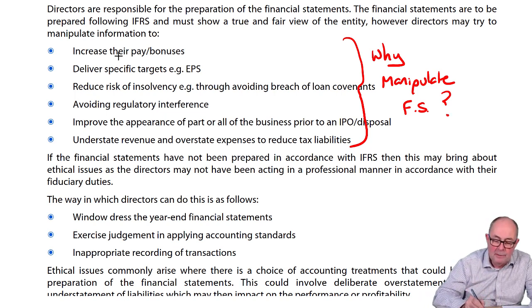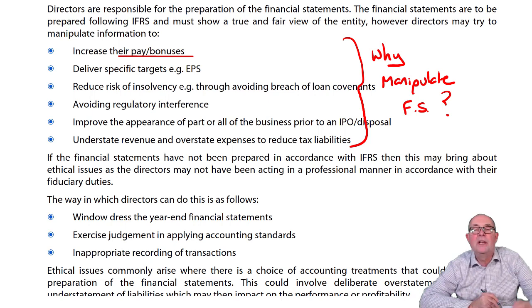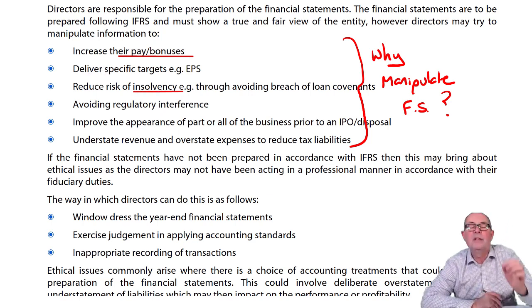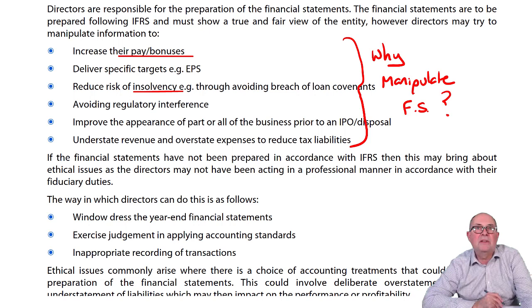They might have profit-related pay that only kicks in at a certain level. They may, of course, be close to insolvency when they will have promised the bank that their gearing ratio would not exceed, say, 60%.